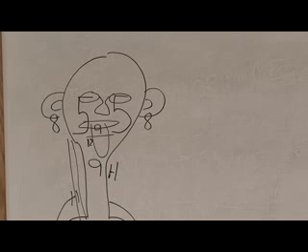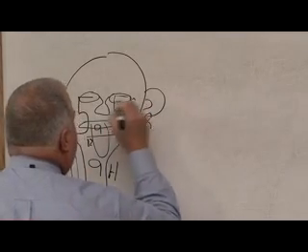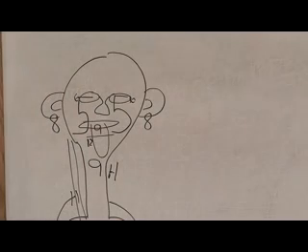And when the lateral rectus contracts, it moves the pupil toward the side of your face. So it abducts the pupil. And that's exactly what the abducens nerve does, it innervates the lateral rectus. So we have 6 on the lateral aspect of our eyes, or the lateral rectus.